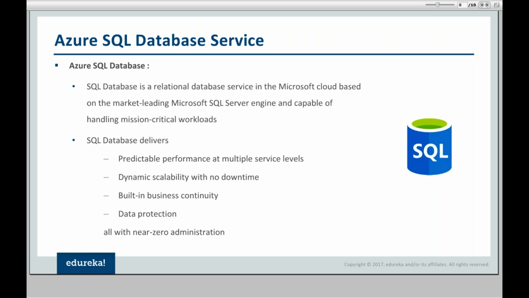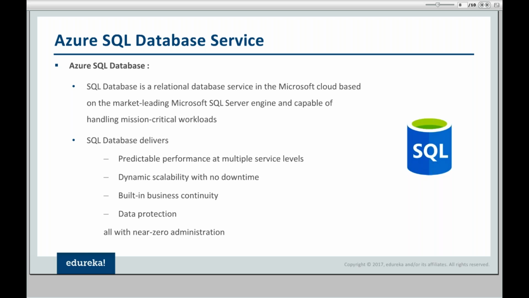So the SQL database here will help you deliver a predictable performance at multiple service levels. It also gives you dynamic scalability with no downtime. So when you need resiliency, or you need your workloads to be available, it should work with no sustainability problem, then you can scale it across and there'll be no downtime when you do that scaling.